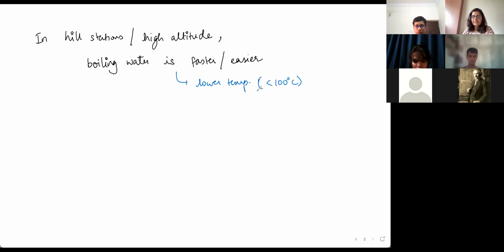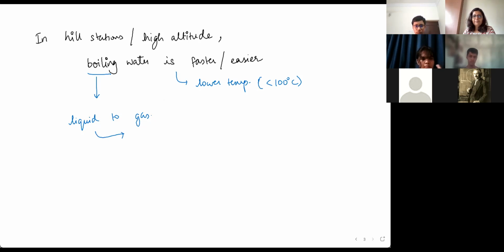Why is this? Boiling is converting liquid to gas, right? Pressure is already reduced, which means it's easier to convert from liquid to gas. So the amount you need to increase the temperature by also reduces.